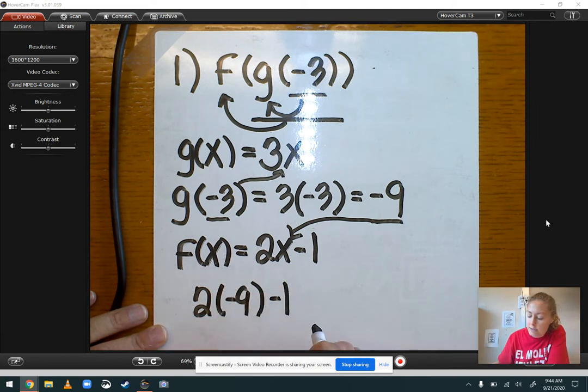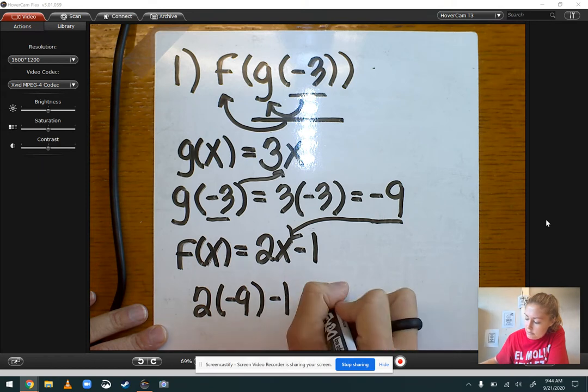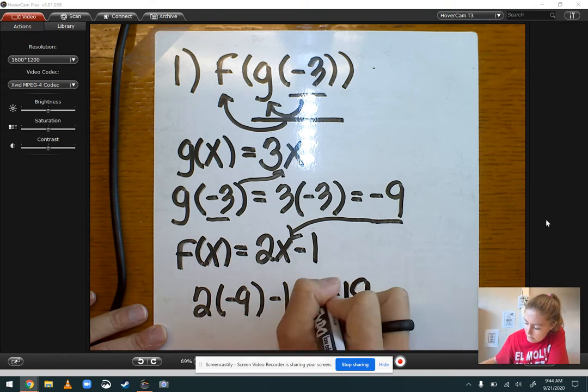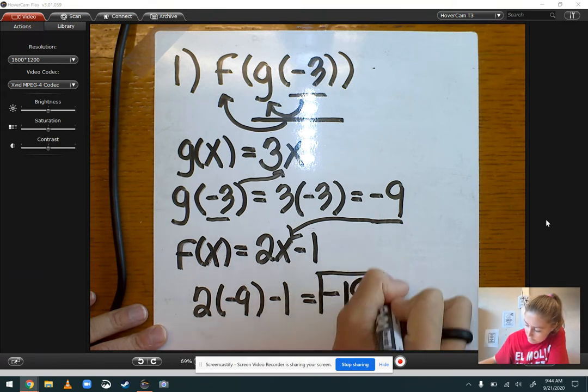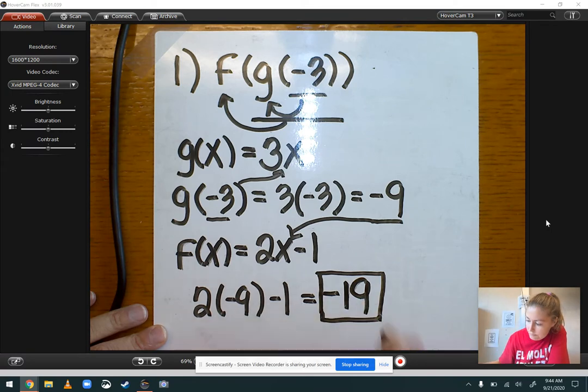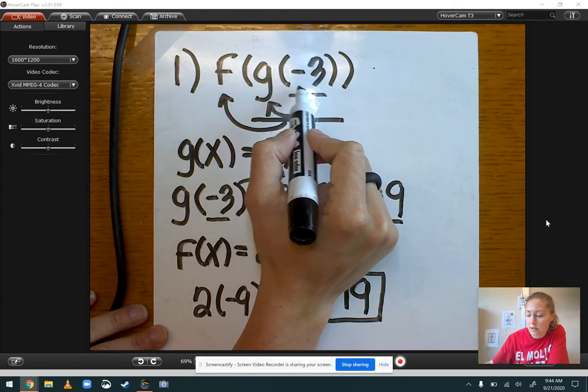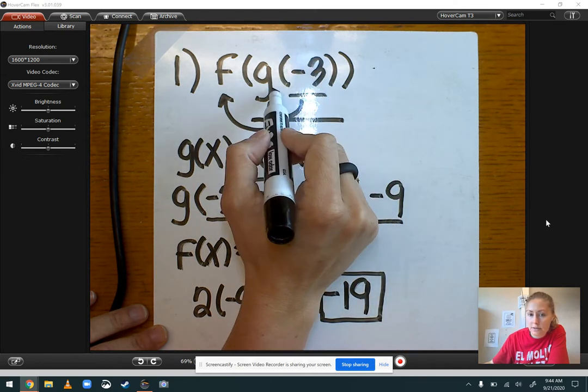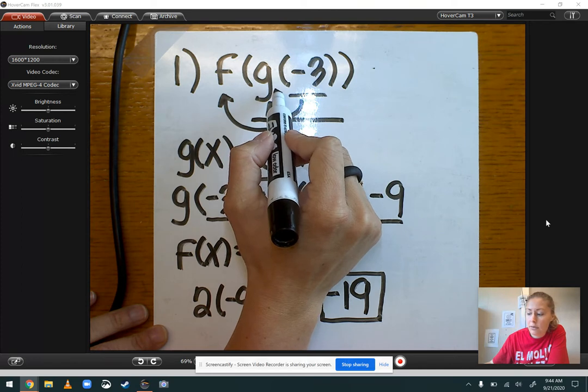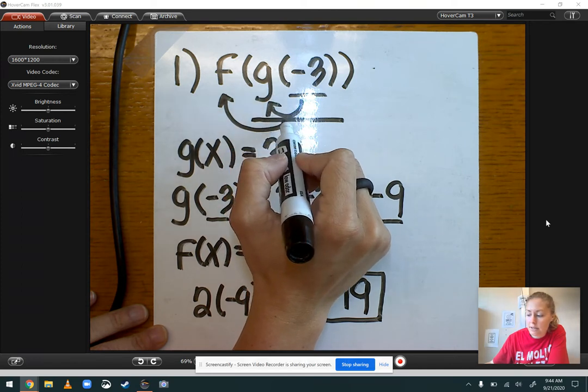That's -18 minus 1, which equals -19, which is our answer. So again, we took this value, plugged it into the g of x, found the new value, and plugged that into the f of x.